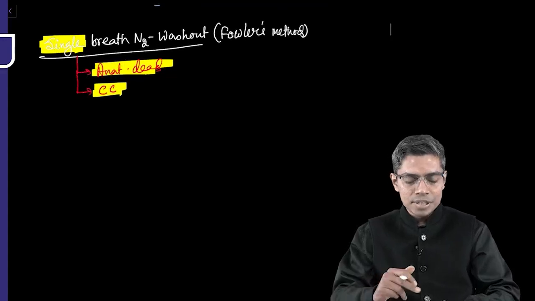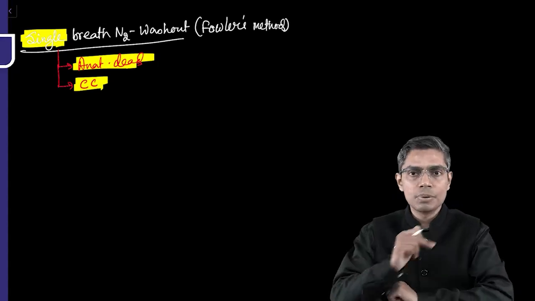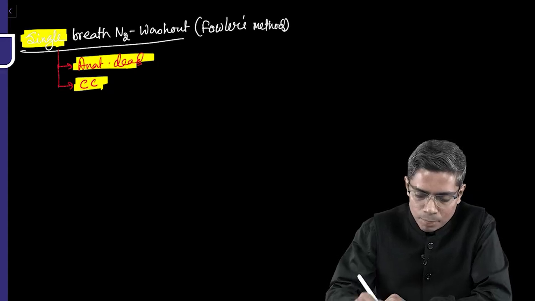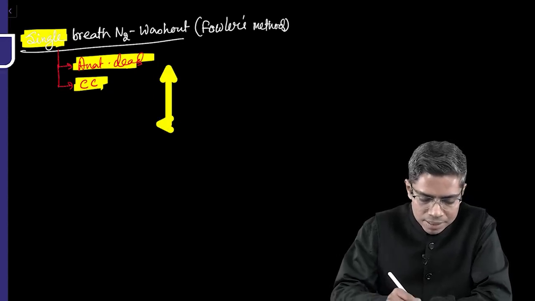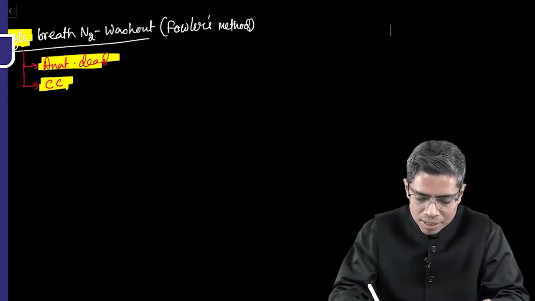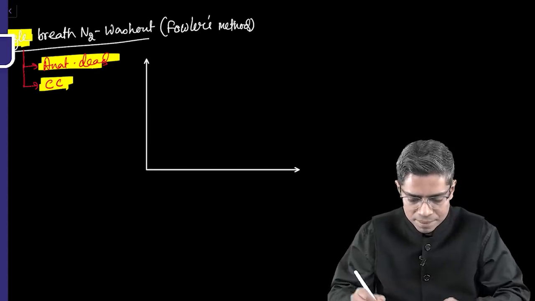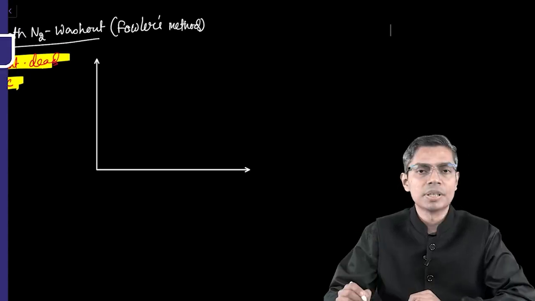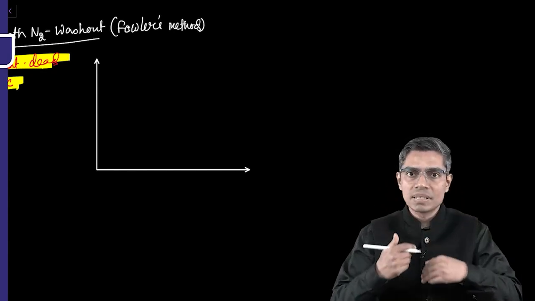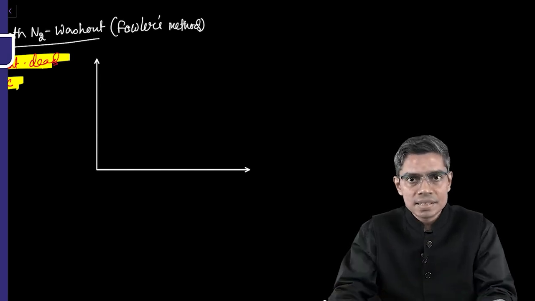Now if you could recall this method, I am not going to discuss the detailed method here, you have to look back at the previous chapter. We had plotted a graph like this in the single breath nitrogen washout method. Look at the x-axis and y-axis. What is done? The subject inhales pure oxygen first, and then you ask the subject to do expiration.